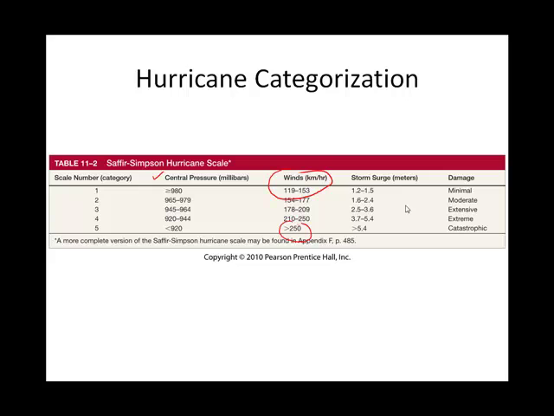Now I saved this, and I'm going to talk more about this later. But what storm surge is, basically, as the tropical cyclone, as the hurricane hits landfall, it brushes a big old wall of water up onto the land. And that's what we call storm surge.